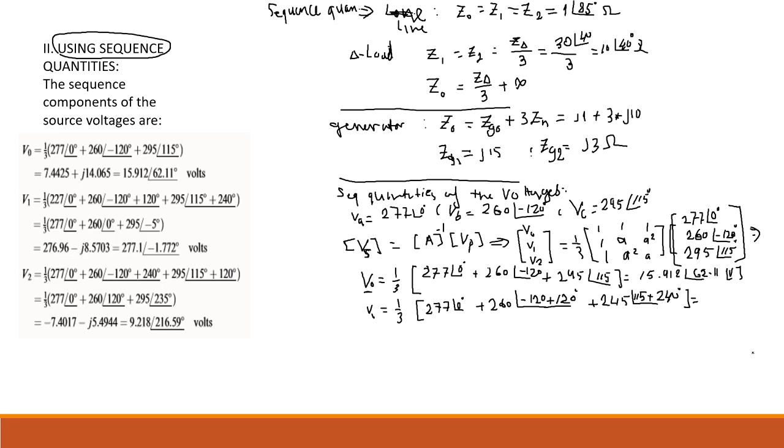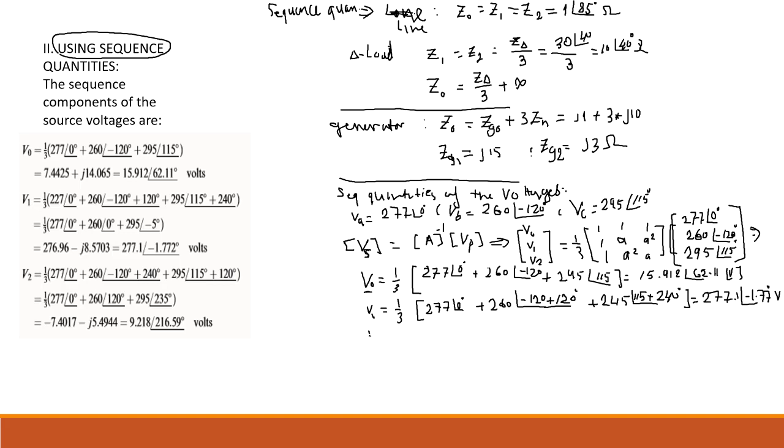So V1 is equal to 277.1 with an angle of minus 1.77 volt.